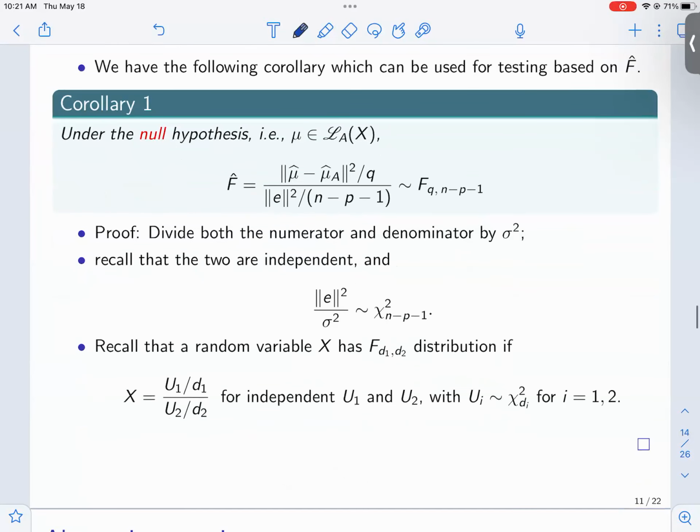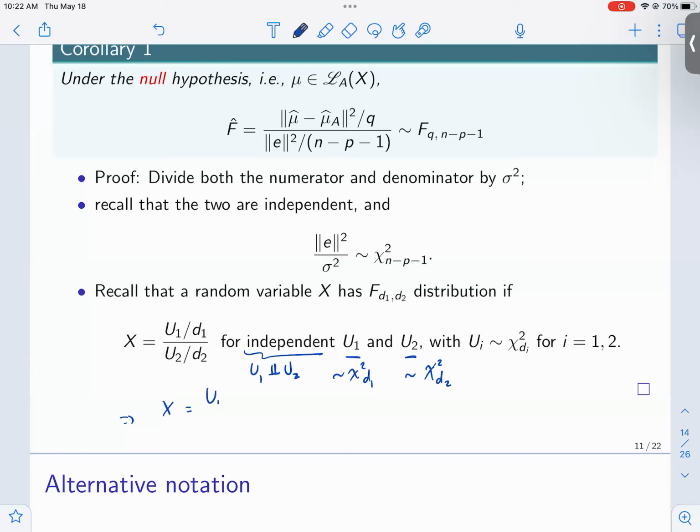So if I have U1 and U2, where U1 is chi-squared with D1 degrees of freedom, U2 is chi-squared with D2 degrees of freedom, and U1 is independent of U2, which is very important, then X, which is U1 divided by D1, divided by U2 divided by D2, has an F distribution with degrees of freedom D1, D2. So F has two parameters, D1 and D2.